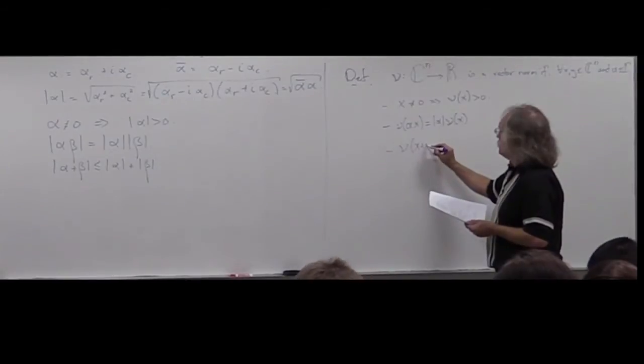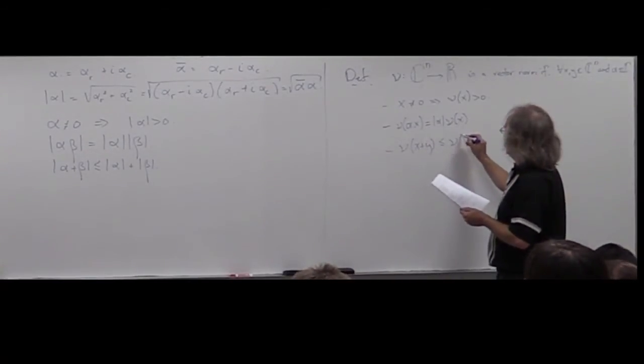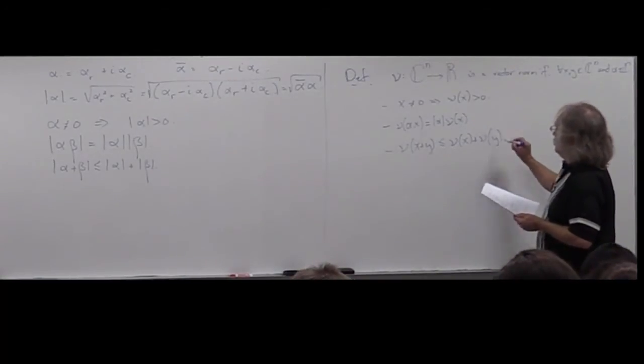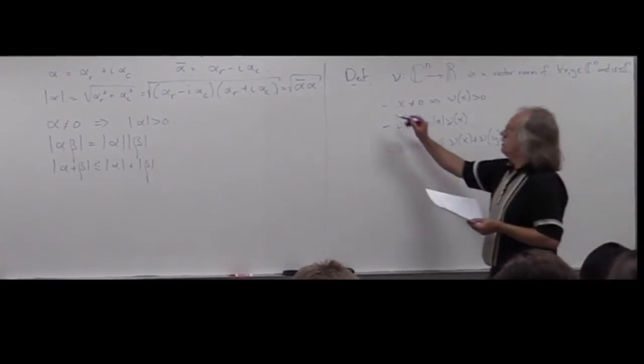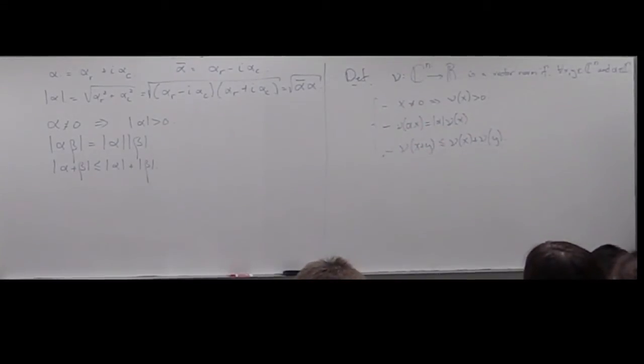If you do x plus y, you get that that's less than or equal to the lengths, the norms of these vectors separately. Okay. And if all three of these are satisfied, then you're okay.